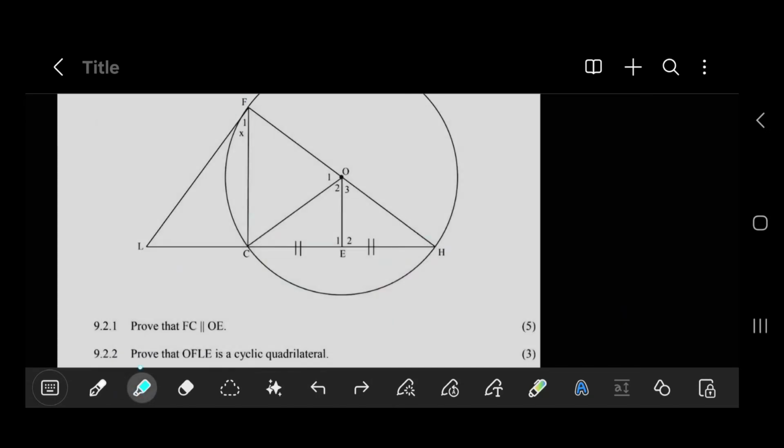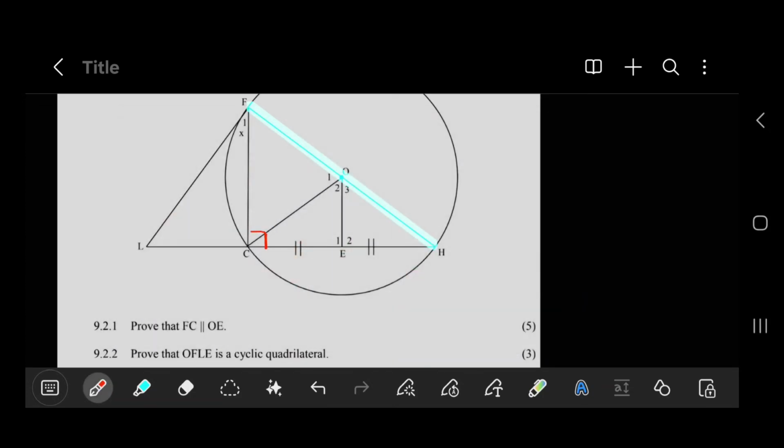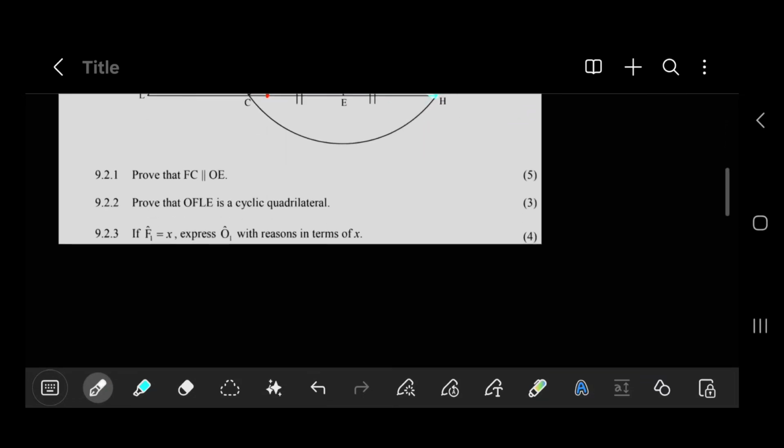I'm going to show you that you were told that you have this diameter. And I had mentioned previously that the angle subtended by a diameter on the circumference of the circle is 90 degrees. So this angle, which we can call FCH, is 90 degrees. Let's start off by mentioning that. We're going to say angle in a semicircle as our reason.